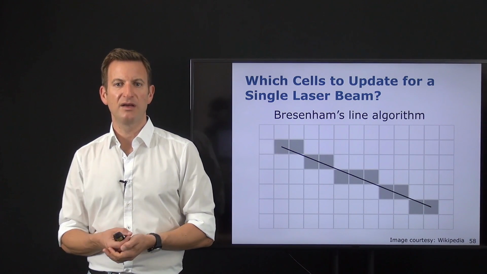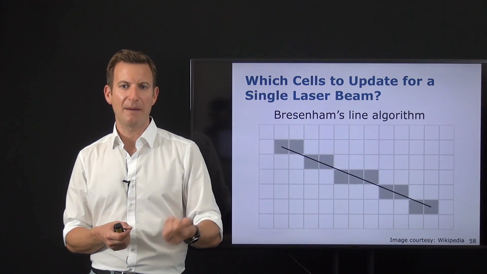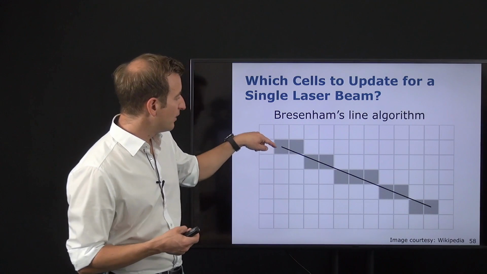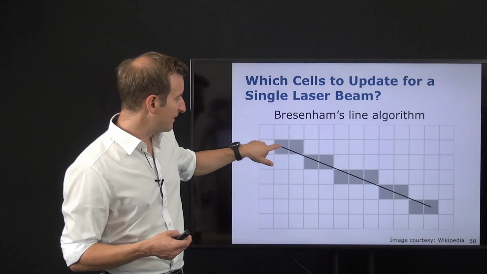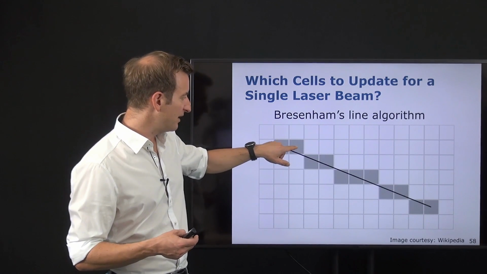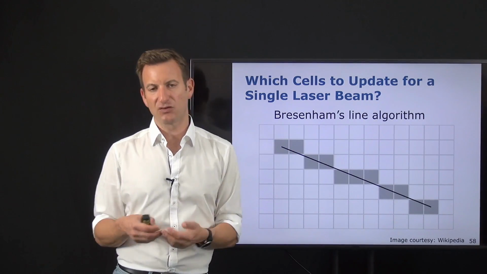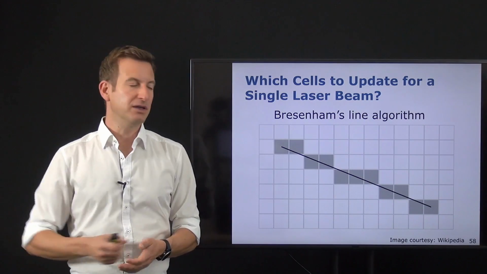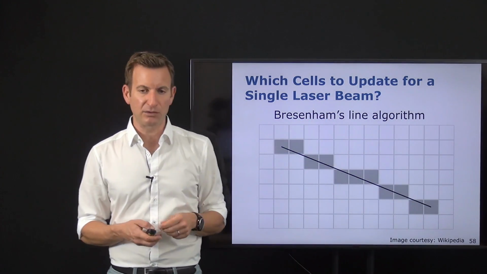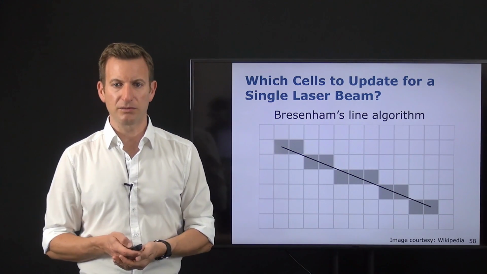Then you need to check those cells for occupancy or update those cells. It's a rather straightforward algorithm which basically estimates which part of the grid cell is intersected by the line and then moves to the left, right, bottom, and so on. And you basically get a list of the cells that are being updated. So if you want to implement this on your own, look for Bresenham's line algorithm.